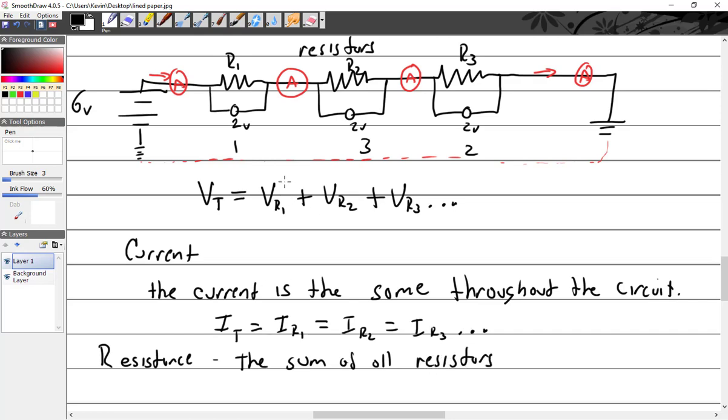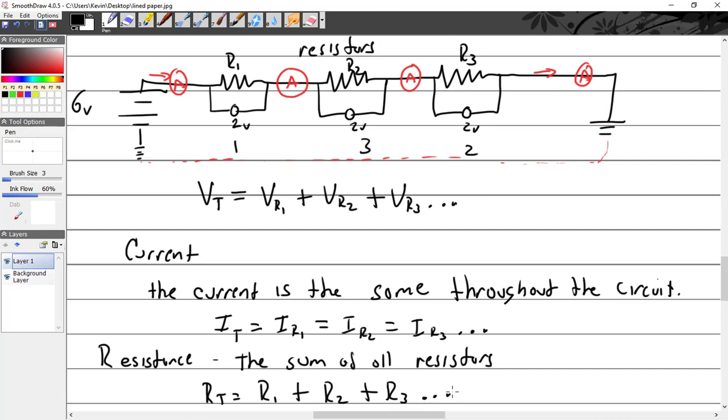So up here, I just add up whatever R1, 2, and 3 happen to be. Just add them all up. And the formula for that is R total equals R1 plus R2 plus R3, and so on and so on. Not real hard now, is that?